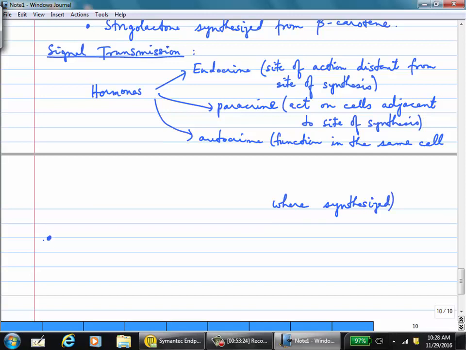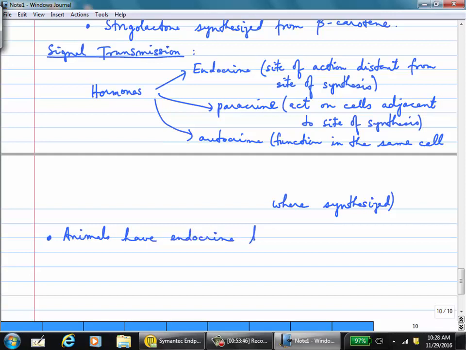Now animals, like us, have endocrine systems, because we have a very, very fast moving circulatory system, right? So the hormones can travel all over the body through the blood vessels. So animals have endocrine systems. So transportation is not an issue.